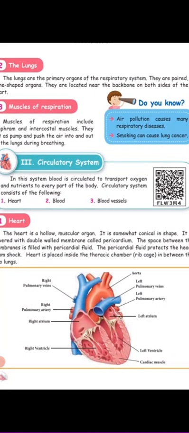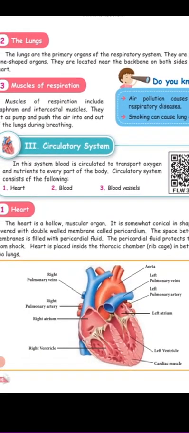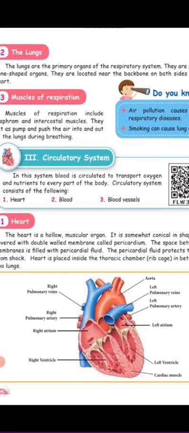So by what is the heart covered? Pericardium. The space between the membranes is filled with pericardial fluid. So inside, some spaces will be there, no? Those spaces are filled with pericardial fluid. Why that pericardial fluid? It protects the heart from shock.